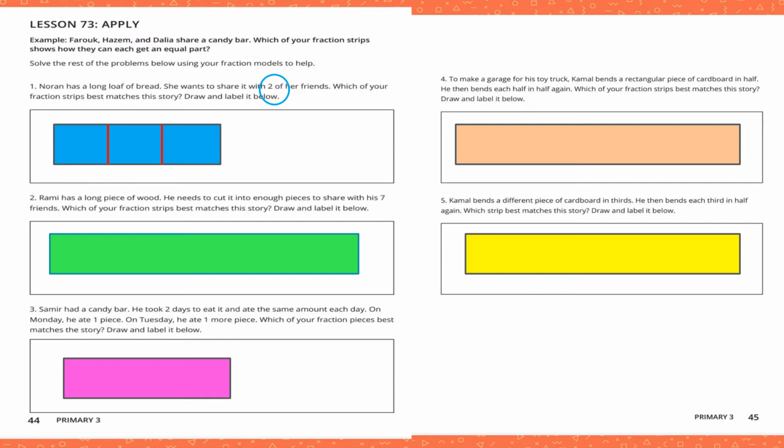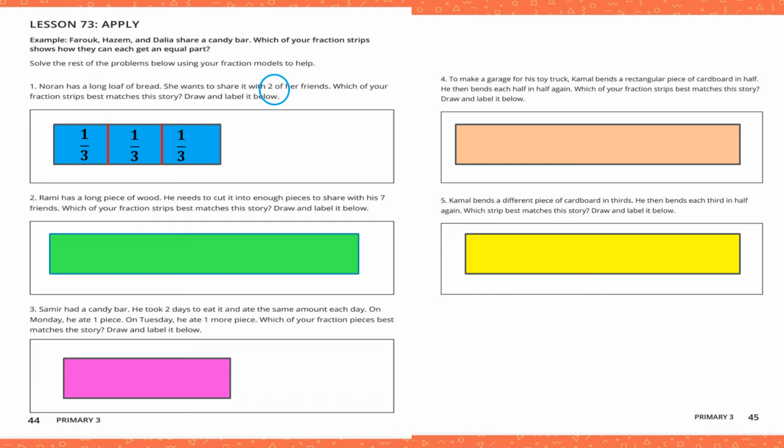And each person will take 1 over 3. She will take 1 part from 3 parts. So it will be 1 out of 3, or 1/3.